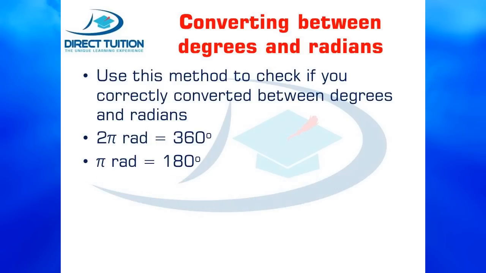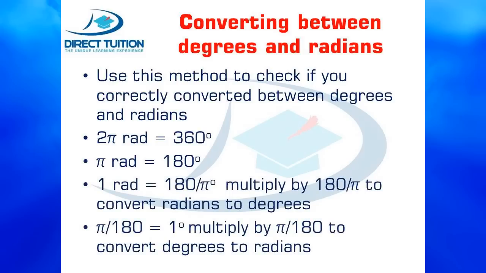Similarly, if we go back to pi radians equals 180 degrees and divide both sides by 180, we end up with 1 degree is equal to pi divided by 180 radians. So to convert from degrees to radians, we simply multiply by pi over 180, and that will give us the answer in radians.